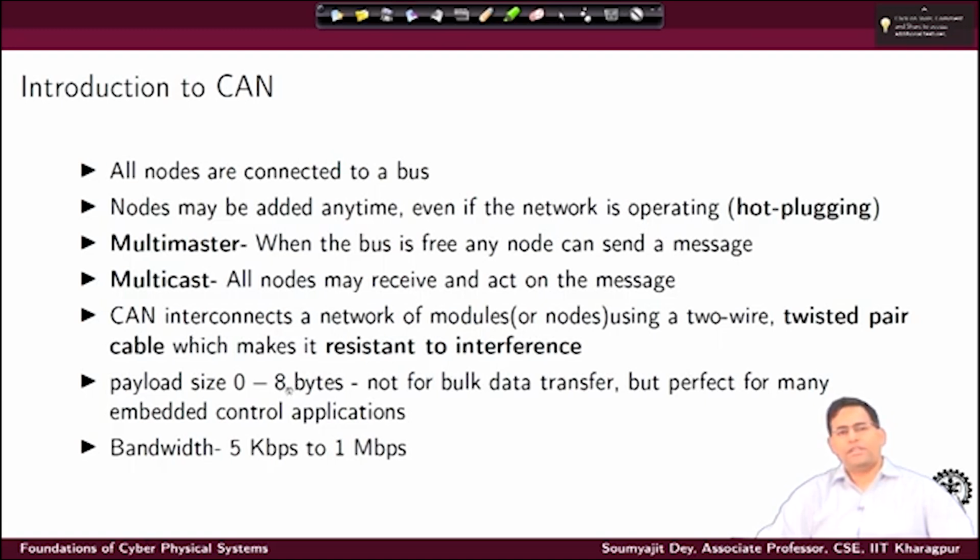So, this also means that you cannot do some bulk data transfer. The packets are quite lightweight compared to standard network packets, but at the same time that also makes them perfect for most embedded control applications. The bandwidth offered by this kind of network is typically 5 kbps to 1 Mbps.